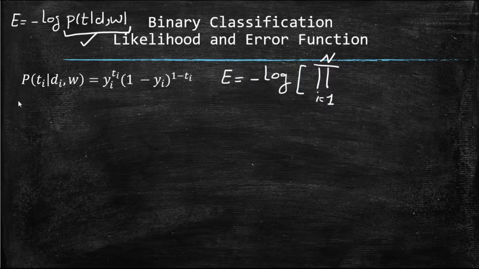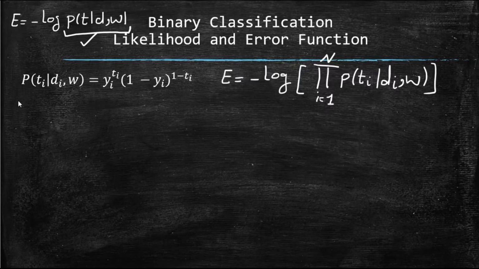Multiplication of the individual likelihoods of your ground truth. So for every t sub i, you're going to have an input vector, an input to your machine learning algorithm, and you're going to have your w, your weights. Okay?